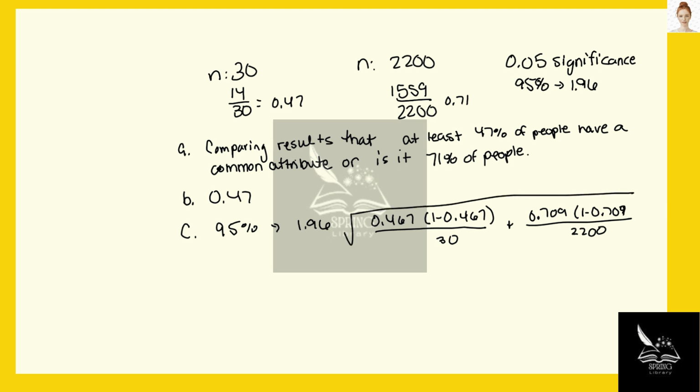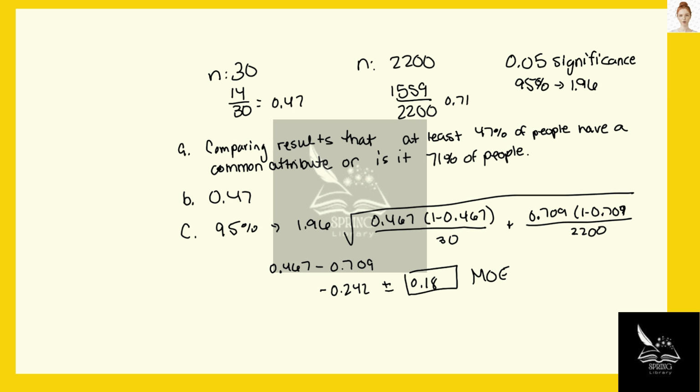And then I have 0.467 minus 0.709, and that is negative 0.242, plus or minus the square root of this, which is 0.18, and that here is the margin of error.